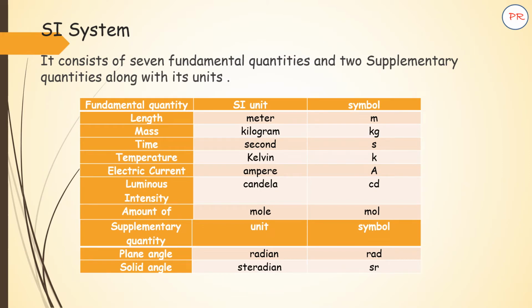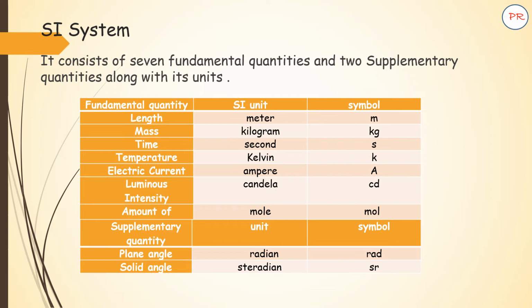Apart from all these systems, the most popular system is the SI system. This is very important. Nowadays we express all units in this form only. SI means International System of Units. See, with development in physics, scientists from different parts of the world started carrying out experiments, and at that time they started using different systems.